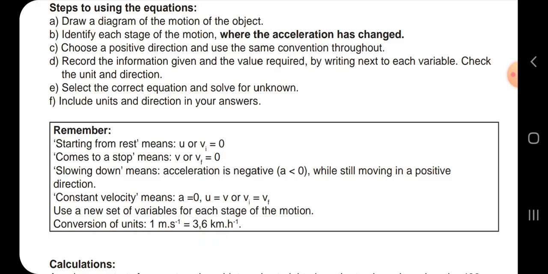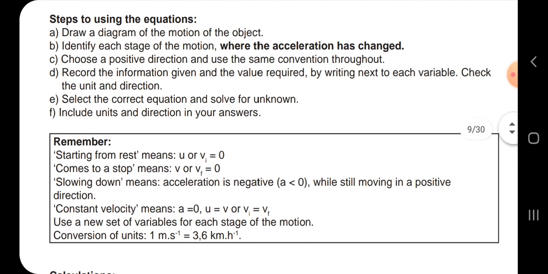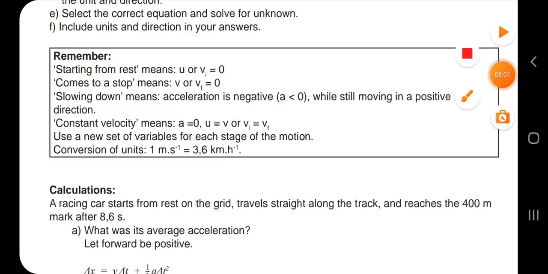Constant velocity means acceleration equals 0, or initial velocity equals final velocity. So the car is moving at a constant velocity. It does not accelerate or decelerate.